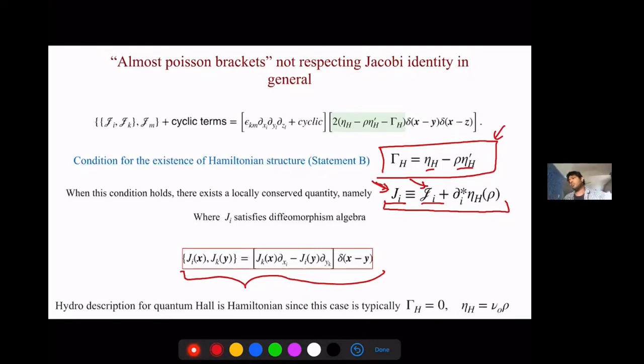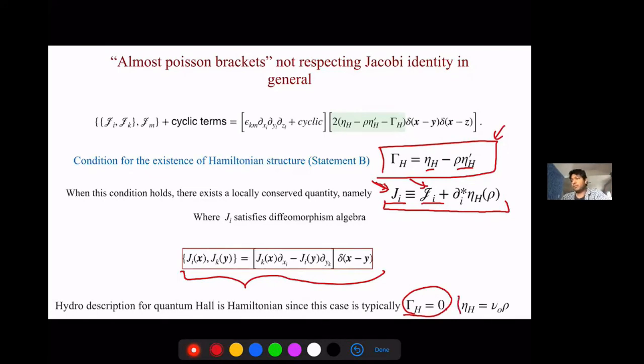Okay. So I just want to make one remark: the so-called hydro description of quantum Hall, which you can derive starting from Chern-Simons Ginzburg-Landau theory and then rewriting this as fluid equations, is Hamiltonian, because typically people don't see this odd torque term in quantum Hall systems. I don't have a very good reason why, but at least the theories don't have these terms.